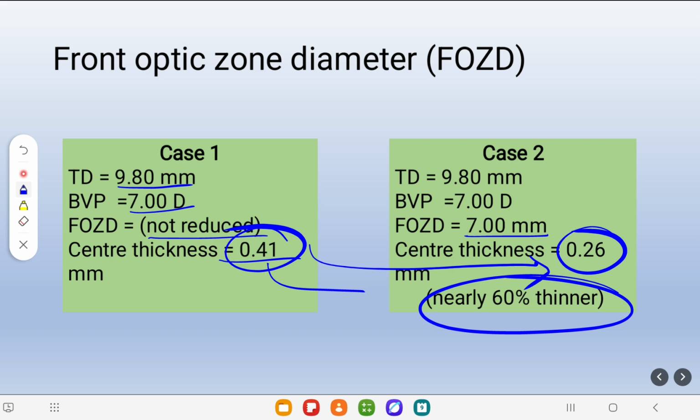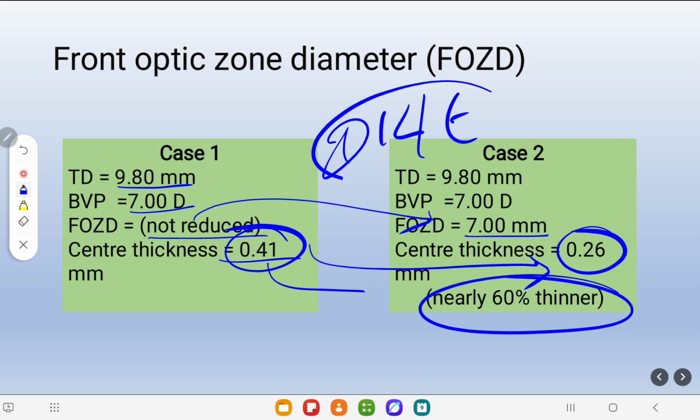We generally use lenticular design, isn't it? Because whenever you reduce front optic zone diameter, you reduce thickness, and definitely it's very important.